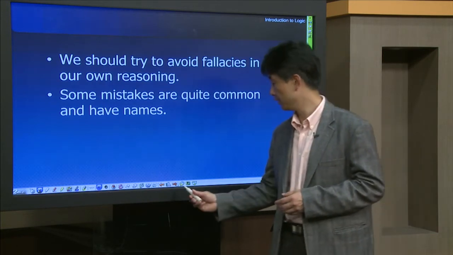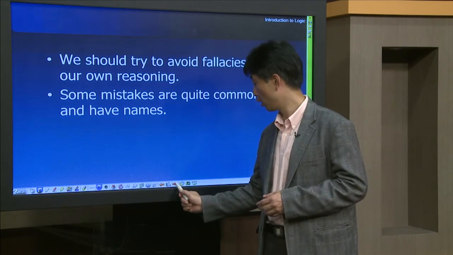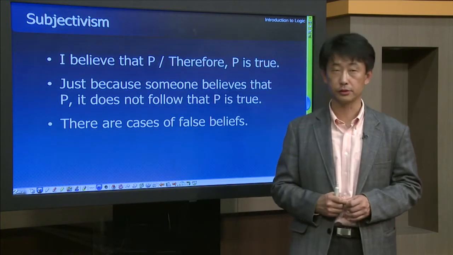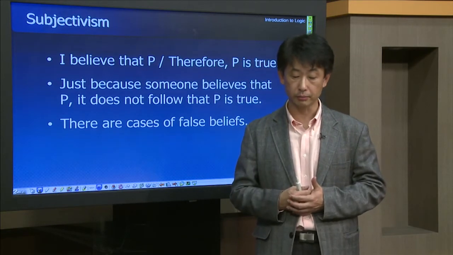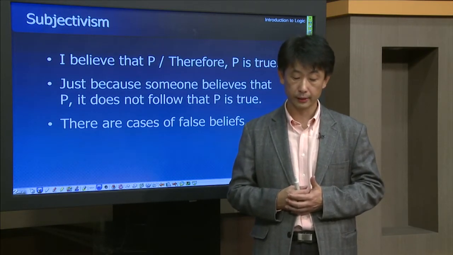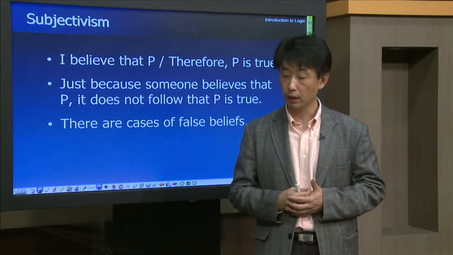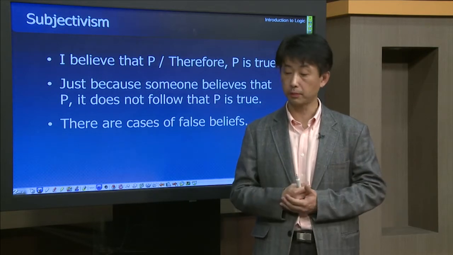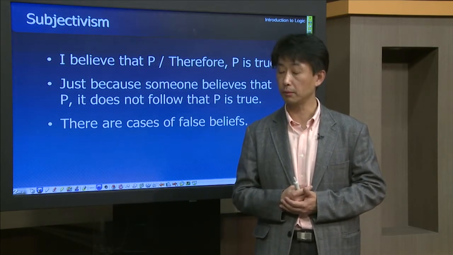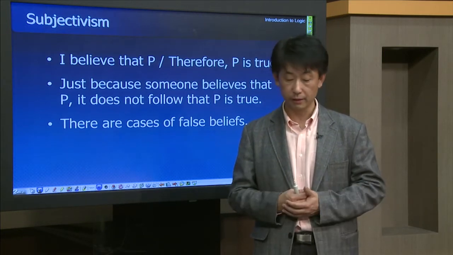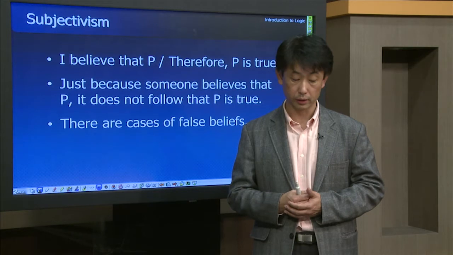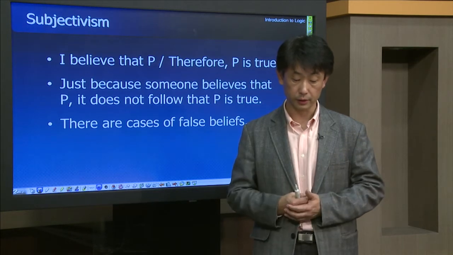So we have a long list of fallacies explained and described in this chapter. And there are more detailed explanations and descriptions in the book. So I will just go very briefly on each fallacy.